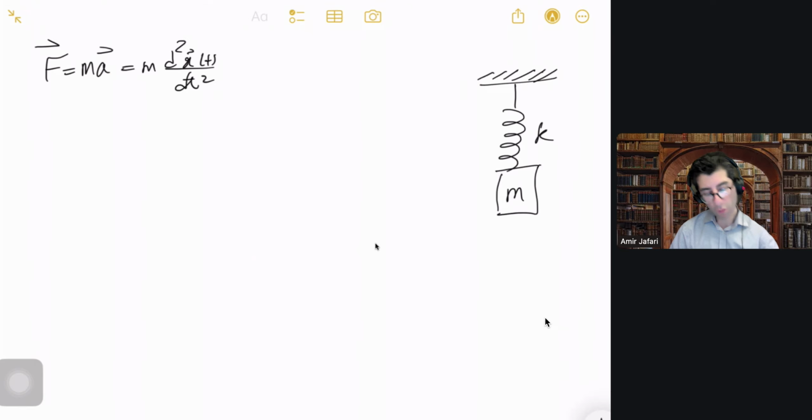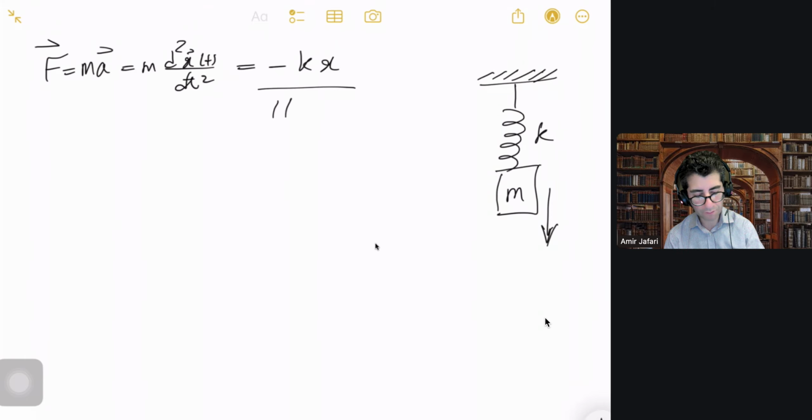Here we say that, well, I push this mass downward, I exert some force, and it's easy to imagine, or from experience, you see that the spring is going to exert another force, equal but opposite in direction, which is basically proportional to the displacement x, with some constant. That coefficient is the spring constant. And this is basically Hooke's law.